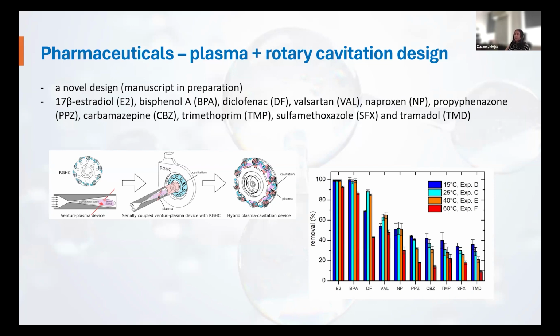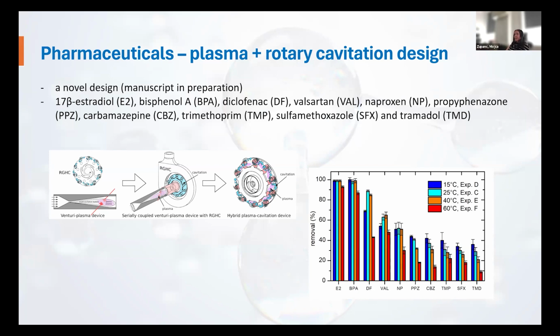The best results were achieved at 25 degrees Celsius. What is very important here, and very encouraging, is that we have achieved a very high degradation of estradiol and bisphenol A, and these experiments were performed at 30 minutes. And this gives us courage to do some more studies regarding this.